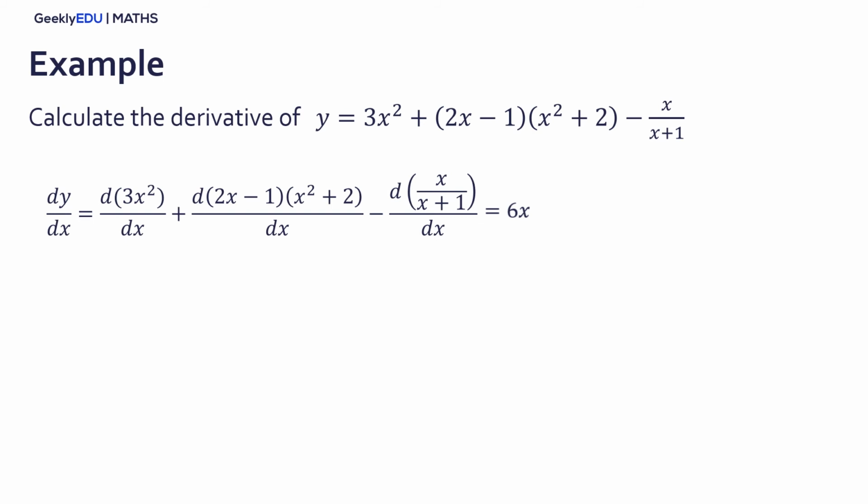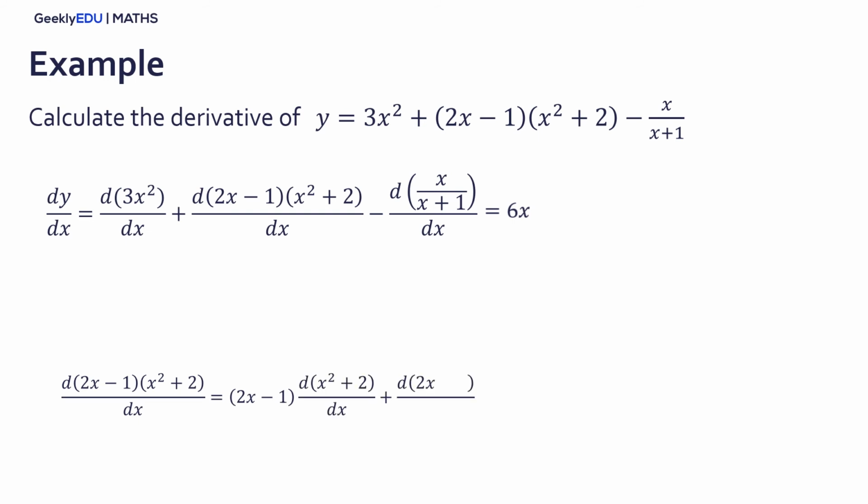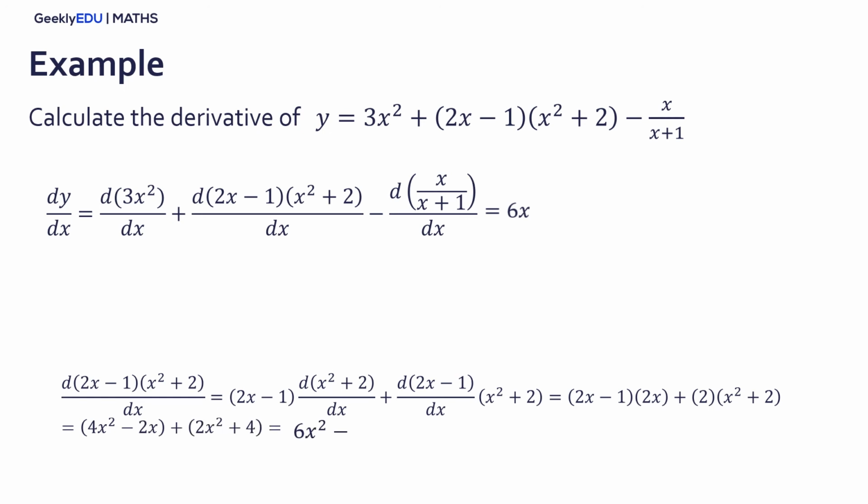In the second term, we have a multiplication, and using the rule of the product, substituting, derivating the terms, and simplifying, we obtain that the derivative is 6 times x squared minus 2x plus 4.